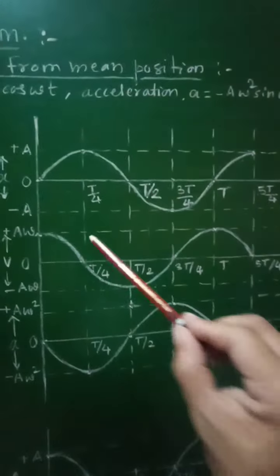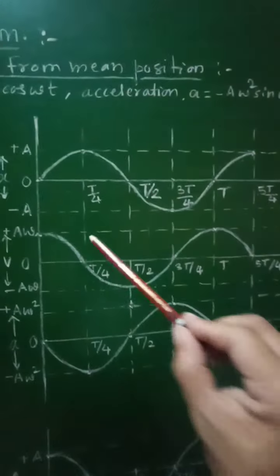Therefore, that point will be plotted here. For next value of t, that is T by 4, the velocity comes out to be 0. For next value of t, that is T by 2, the velocity is minus a omega. Then next it is 0. Then it is a omega, and at last it will be again 0. Again, all these points will be joined with the curves. Therefore, we will get the cosine curve here.